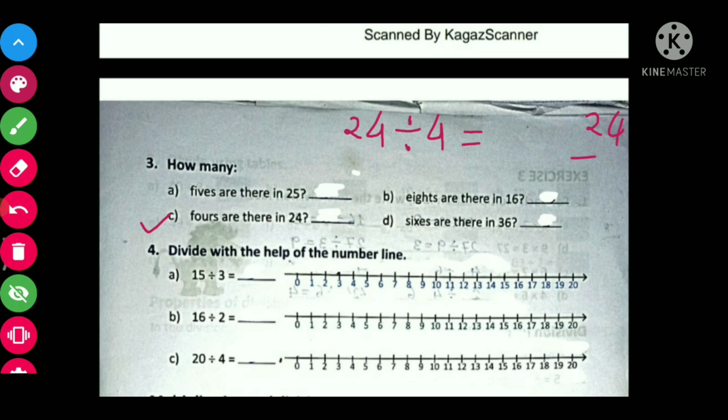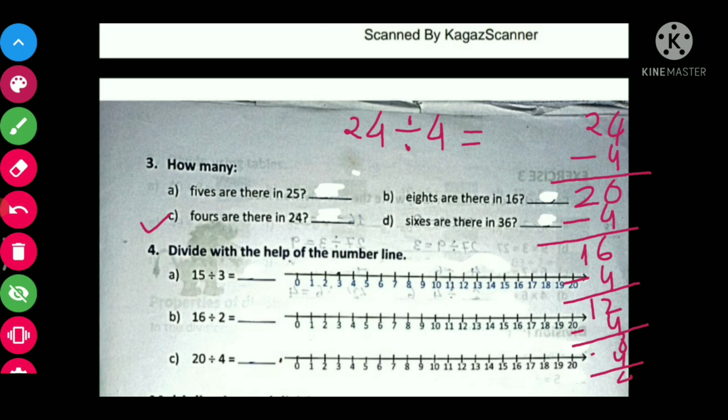24 minus 4, you will get 20. Again with 4, you will get what? 16. Again with minus 4, you will get 12. Again with 4, you will get 8. Again with 4, you will get 4.